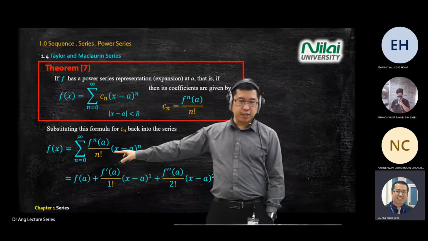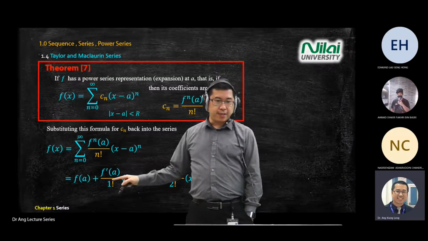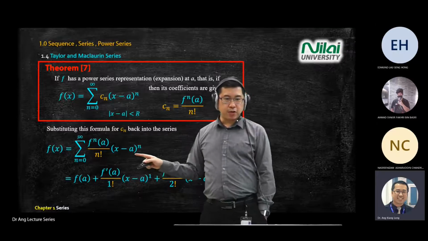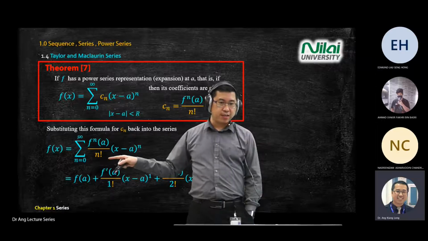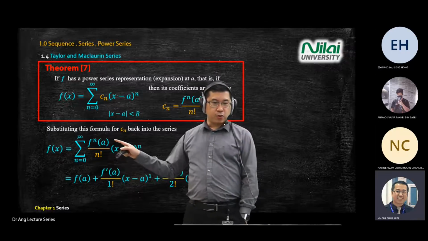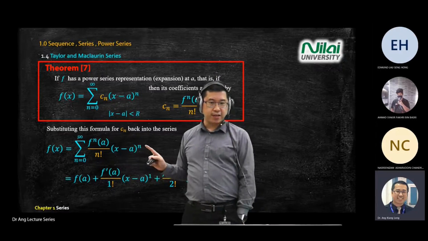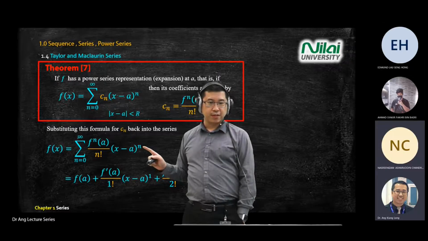Actually, this equation is a power series. How do you get the first term, f of a? You substitute n equal what? According to this equation that you see here, the first number, what is your n? First number, n is 0, correct.